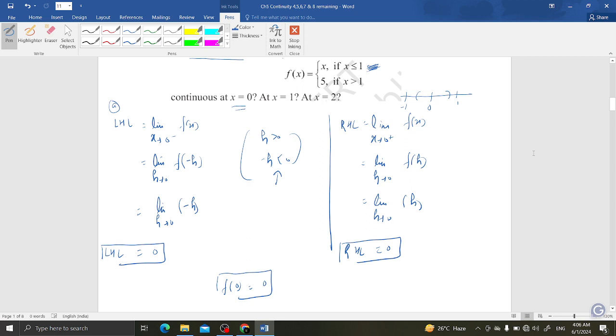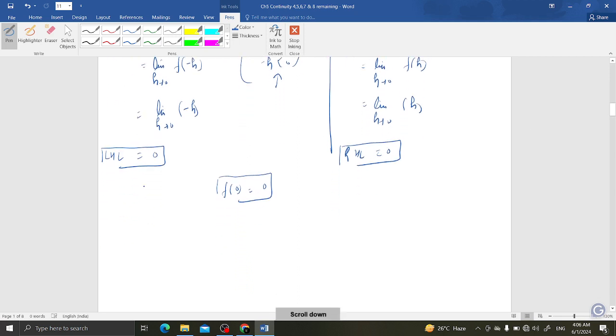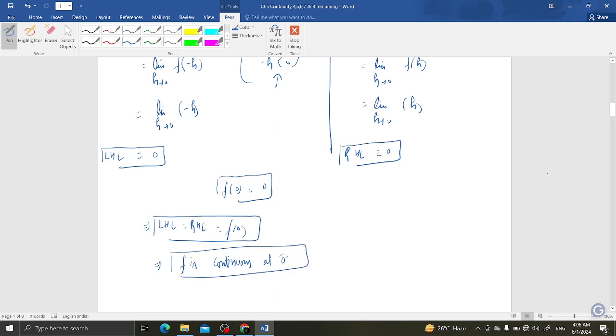Hence from all these three things, LHL equal to RHL equal to function value. If we have this, it implies that f is continuous at 0. Okay, first part is complete.